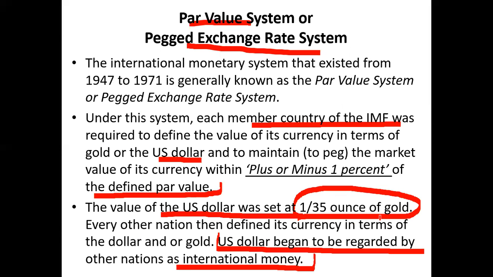From 1947 to 1971, a fixed exchange rate system, or a par value system, was going on in the world. And in this fixed exchange rate system, the dollar became very predominant, or the dollar began to be regarded by other countries as an international money. So that's the specific thing to be borne in mind while discussing this Bretton Woods system.